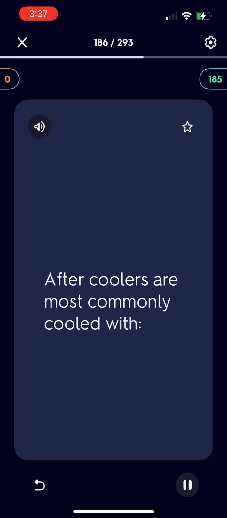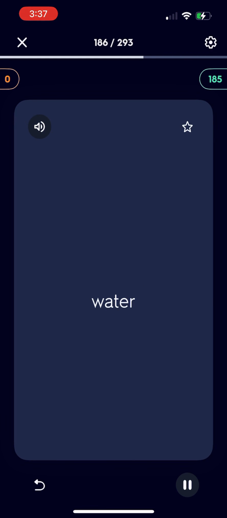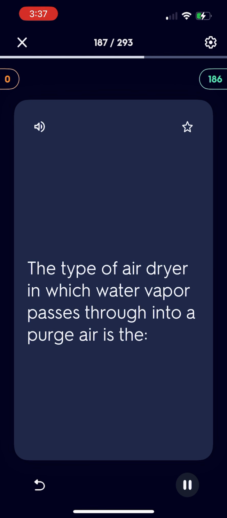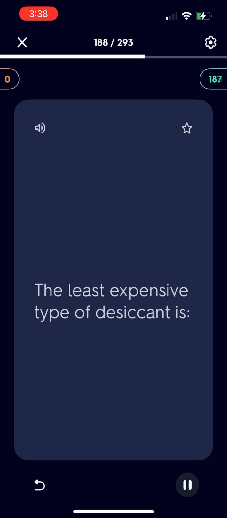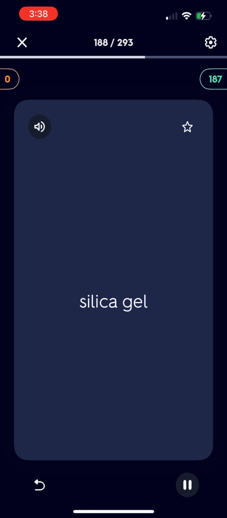Aftercoolers are most commonly cooled with water. The type of air dryer in which water vapor passes through into a purge air is the membrane dryer. The least expensive type of desiccant is silica gel.